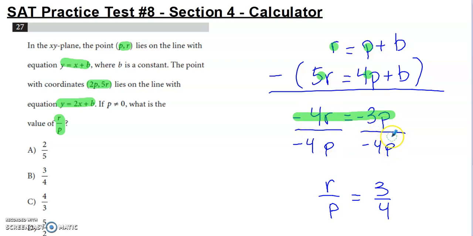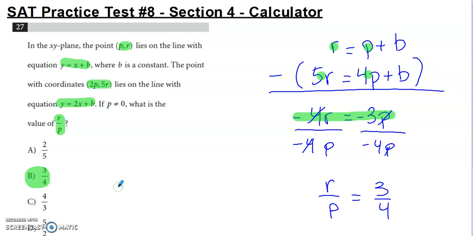And if I divide both sides by p, so that these p's cancel, after canceling these negative 4's, we're left with r divided by p on the left. That's exactly what we were trying to find the value of. And if I do negative 3 divided by negative 4, that gives me 3/4. Negative divided by negative is a positive result. And there you go. It's definitely kind of weird.